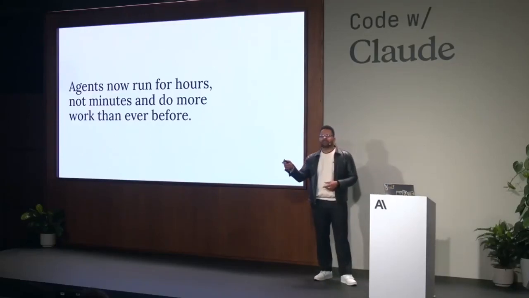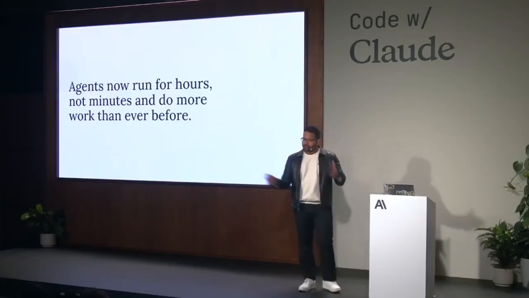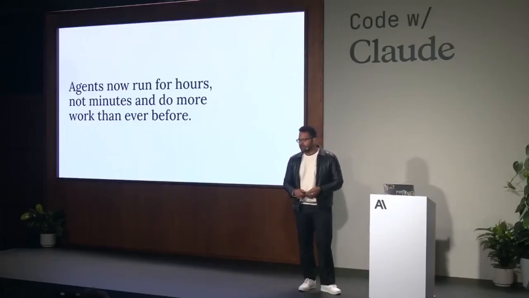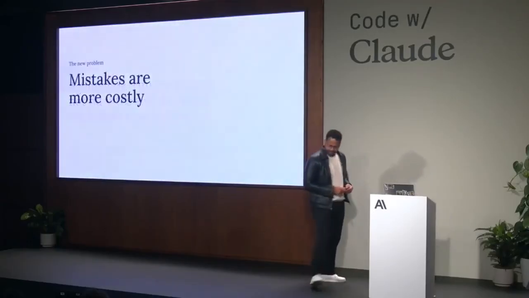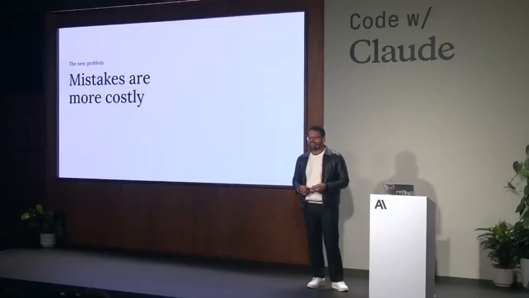But that also means that we have to change our way of working. We have to change our habits. That's part of what today is about: how can you change the way that you're working with Claude Code to get more out of it? If you let your agent run for a longer period of time, you can burn through a lot of tokens if it does the wrong thing, and ideally you want to avoid that at the beginning.